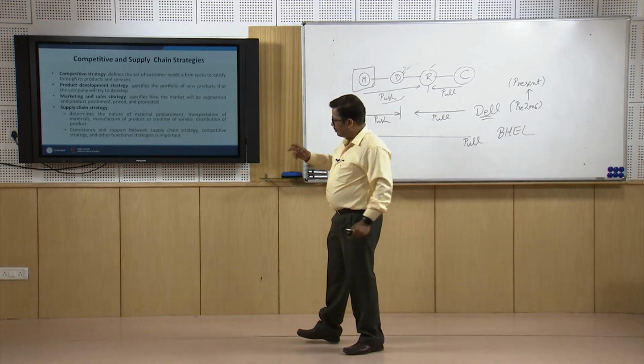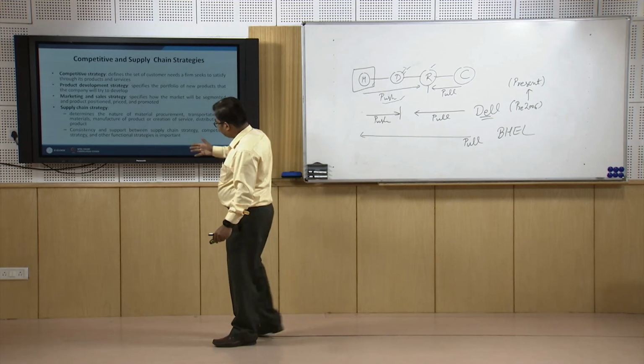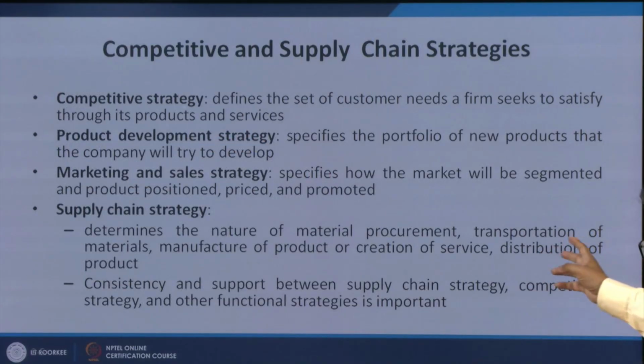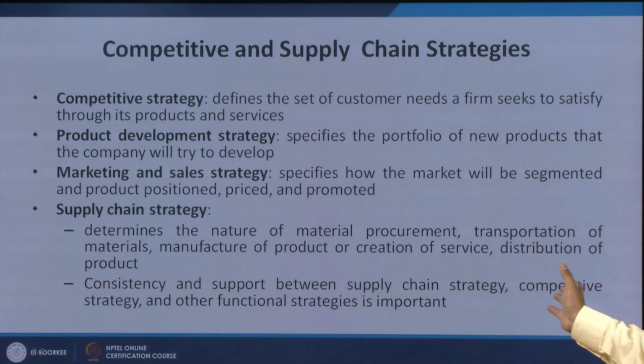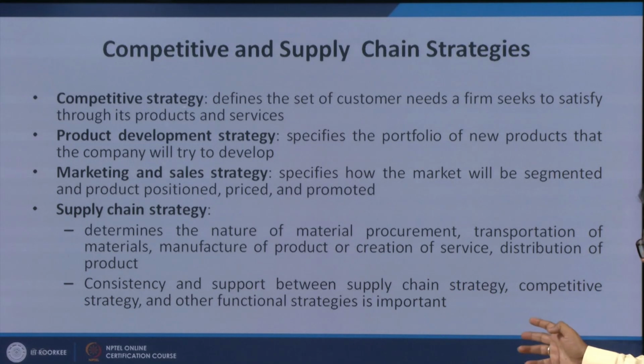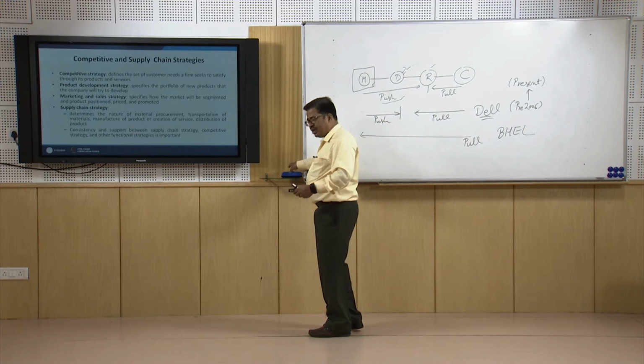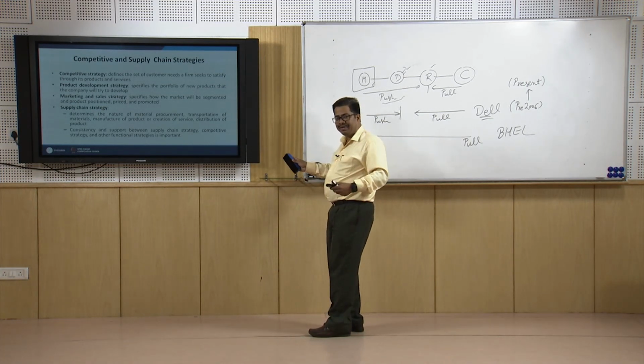Now, supply chain strategy determines the nature of material procurement, transportation of materials, manufacturing of products, creation of services, and distribution, and it is also about consistency and support between supply chain strategy, competitive strategy and other functional strategies. Earlier we used to have different silos in organizations.